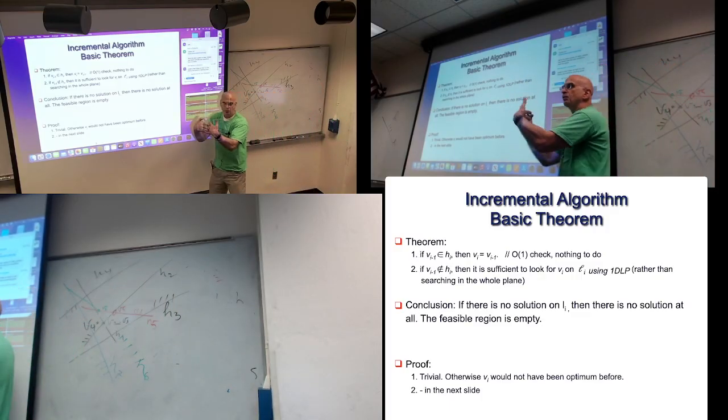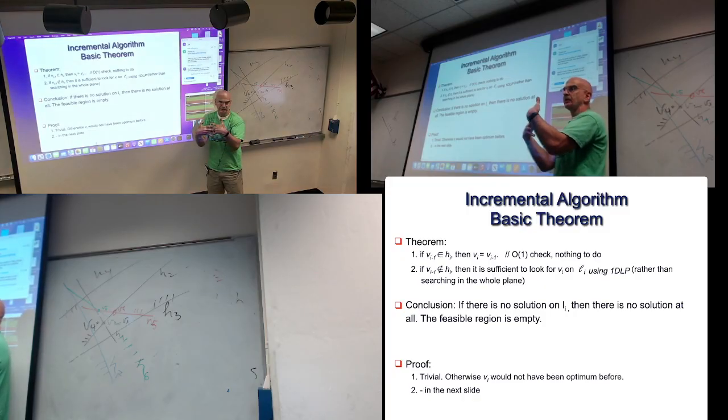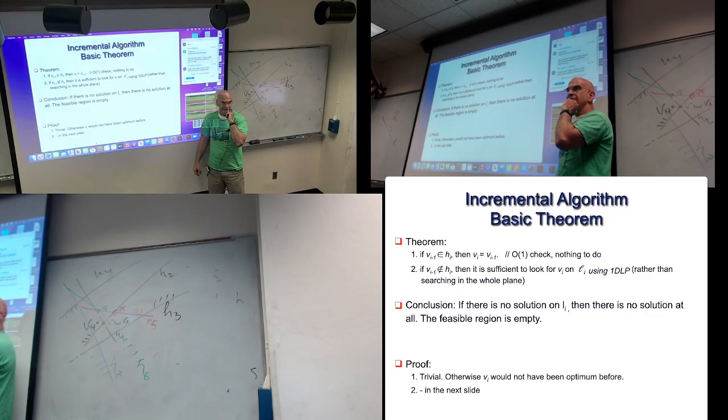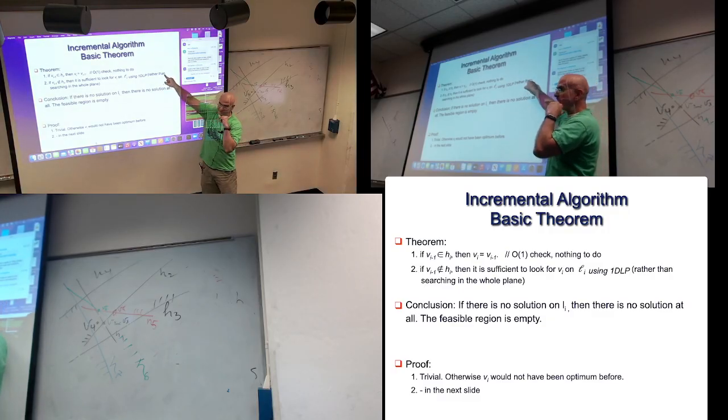I still have a two-dimensional linear programming problem right now. But there is an aha moment. I still have a linear programming problem, but it's not two-dimensional. It is one-dimensional linear programming.